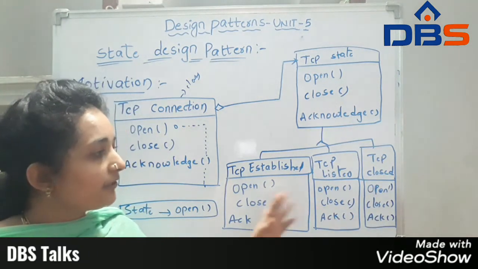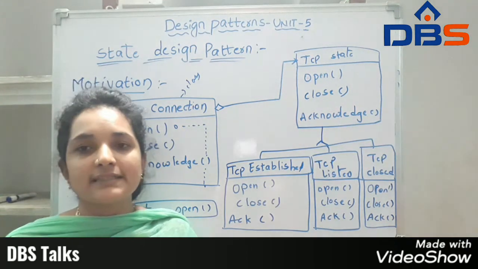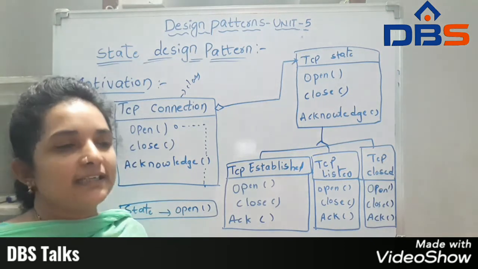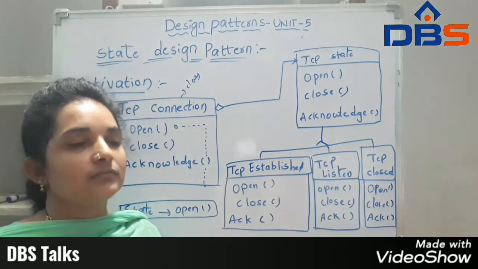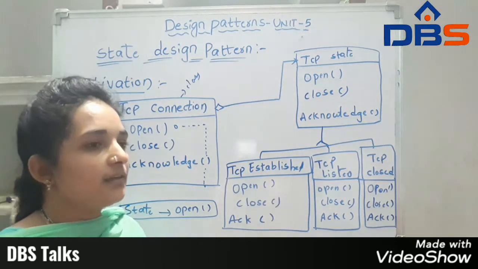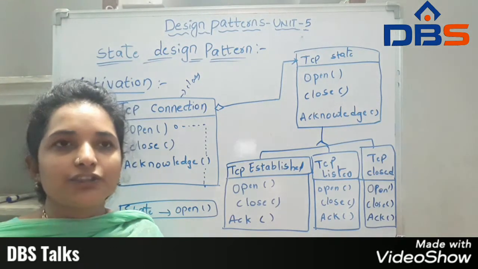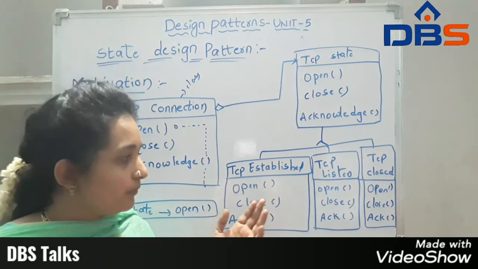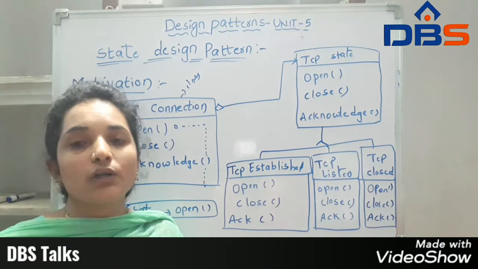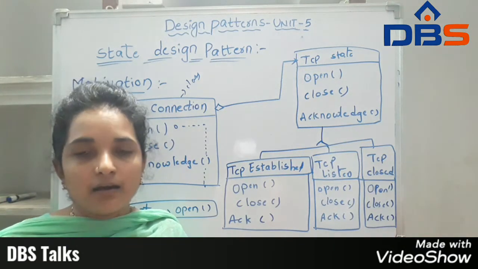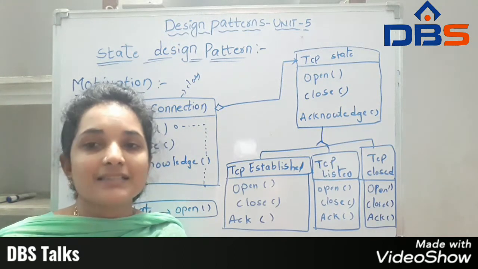These are the different subclasses in the motivation diagram of the state design pattern. When the connection goes from established to closed, the close operation will be performed. Whatever the current internal state is, that information only we maintain. So this is called the state design pattern.